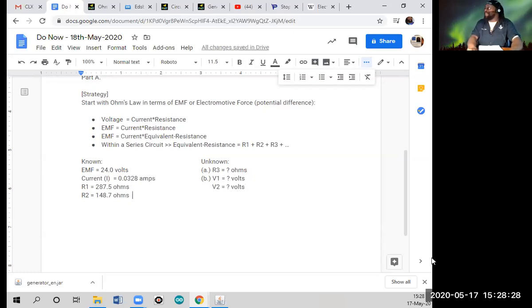And then lastly, I might just do a video tomorrow doing part B, but I want to get at least part A out of the way. I am just trying to be proactive so I can have time to do other things. All right, so that is everything as far as what we have to find in part B. We have to find the potential difference, voltage 1, voltage 2, voltage 3 across these.